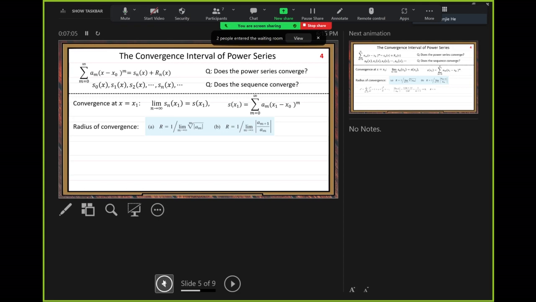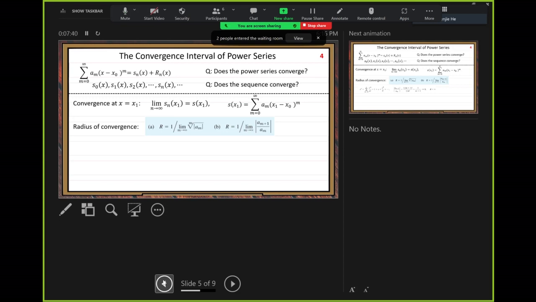So although it's a circle, we only consider the convergence interval on the line, the intersection of that circle with the x-axis line. So it's an interval. Just so you know, if we consider complex numbers, it's also convergent.